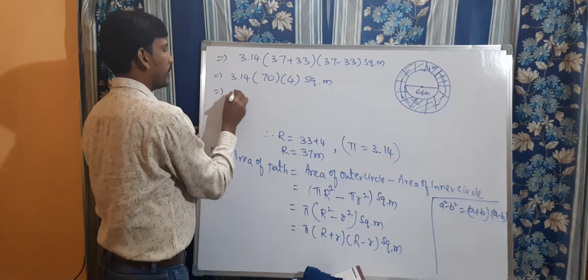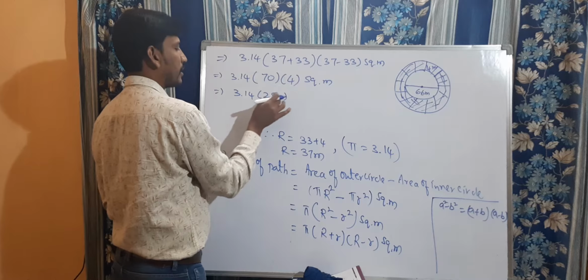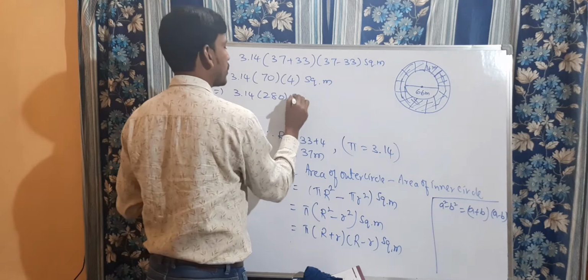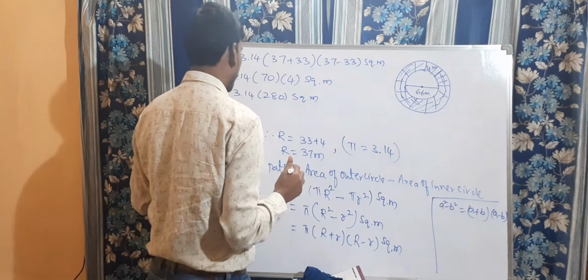Right? You can multiply 3.14 into 280. 7 4s are 28, so 70 times 4 is 280 square meters. Now by multiplying these two, what is the value here?